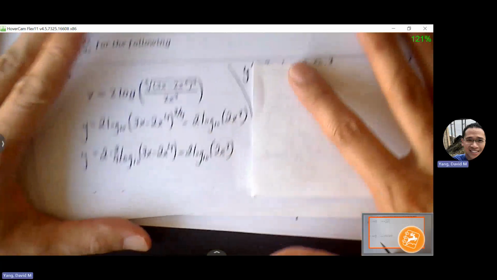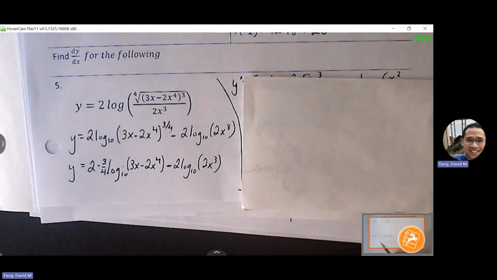So these are the expansion steps before the derivative comes into play.